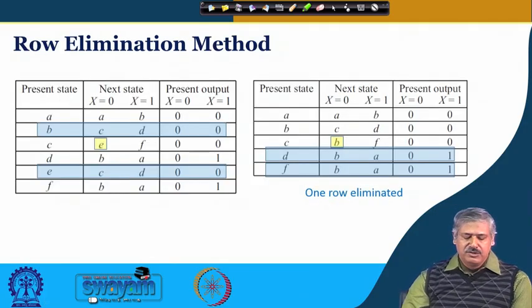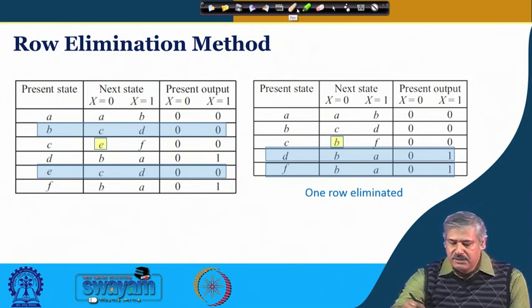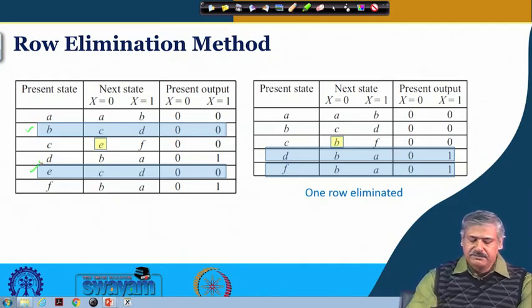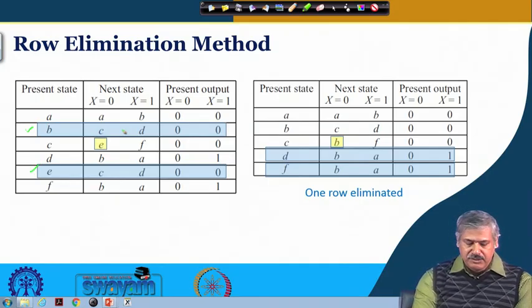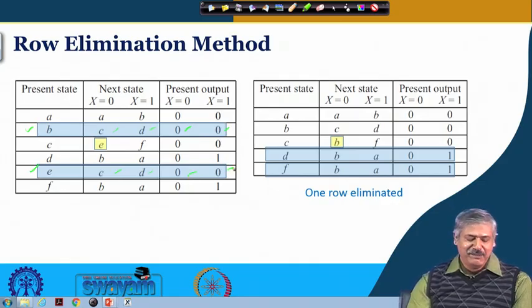Once we have put that there and employ the concept of equivalence, we can see B and E: next state is C and D, next state is C and D, output is 0, 0, 0, 0. So we can say B and E are equivalent, and we can eliminate one of them.